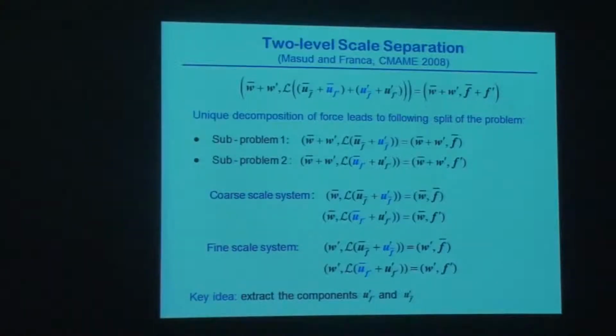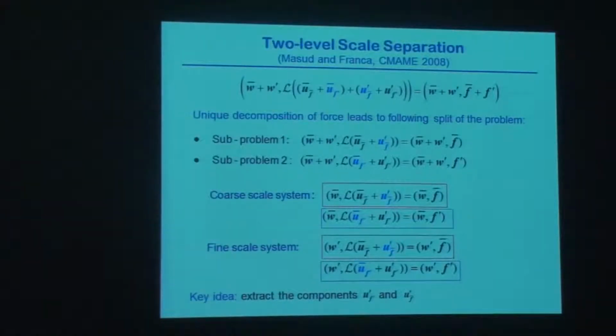And because of that, using the linearity of the weighting function, we can split subproblem 1 into its coarse scale and fine scale components. So you can see that this has been split into coarse scale, where the weighting function slot has W bars, and fine scale, where the weighting function has W prime. And likewise, we can do with problem 2. So we have now segregated these problems.